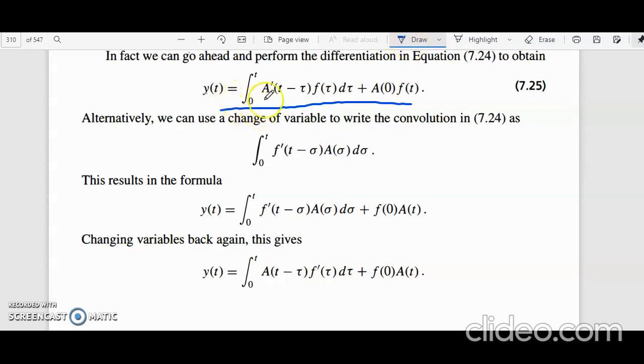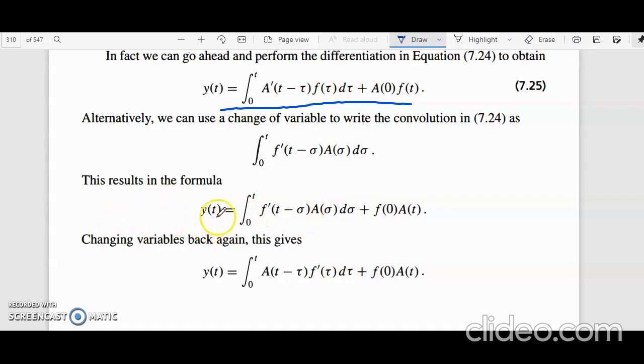So we will get y of t equal to integral 0 to t a dash of t minus tau f of tau d tau plus a of 0 into f of t. Now when we take the convolution, we can take it the other way around. So we got L of a into L of f. So when I write the convolution integral, I can also write it with t minus tau in f.